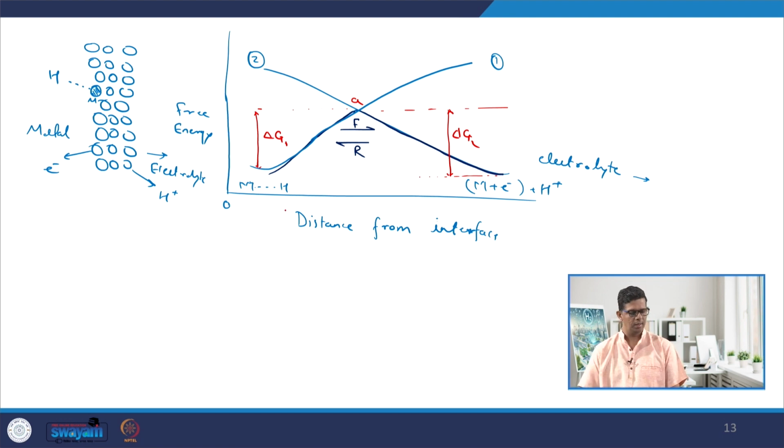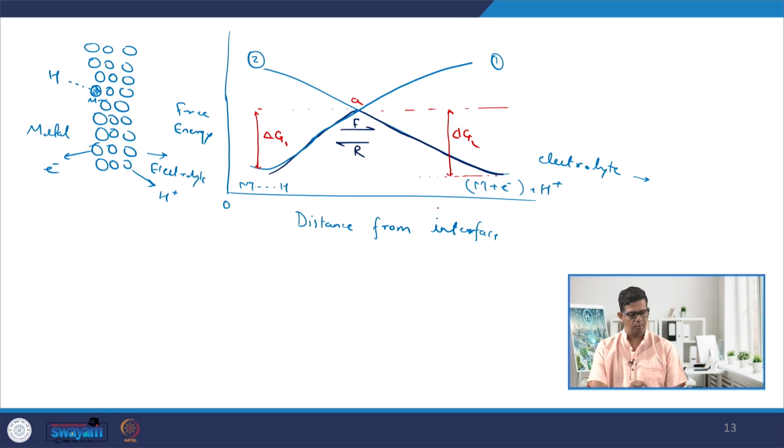So, in simple terms, if I want a fuel cell reaction, that is hydrogen chemisorbed on metal nanoparticle to be converted into its oxidized form, that is 2 moles of protons and 2 moles of electrons, I have to cross this reaction barrier, that is delta G1.